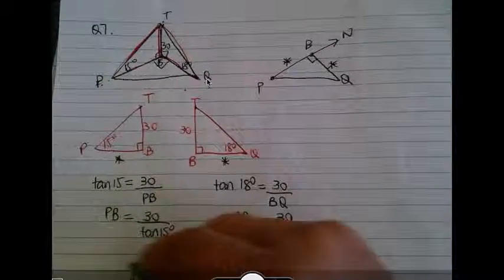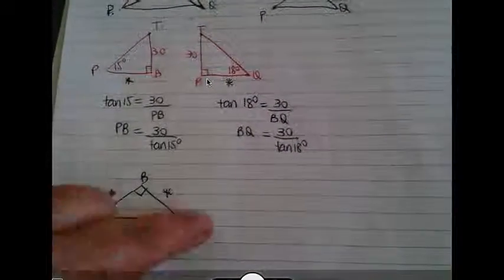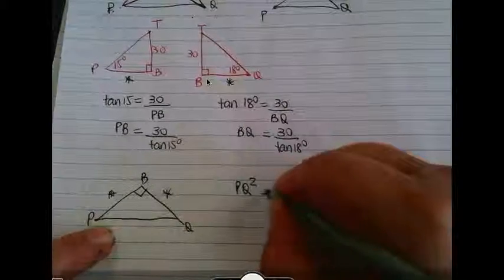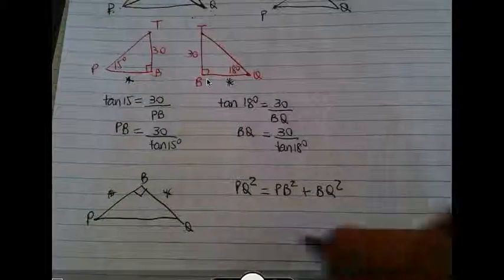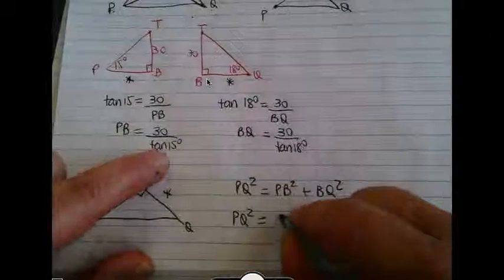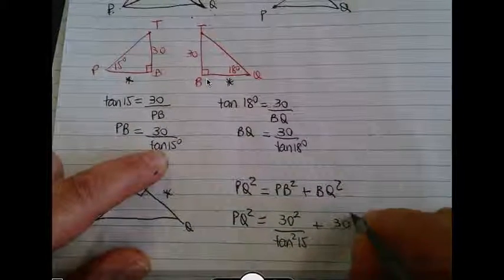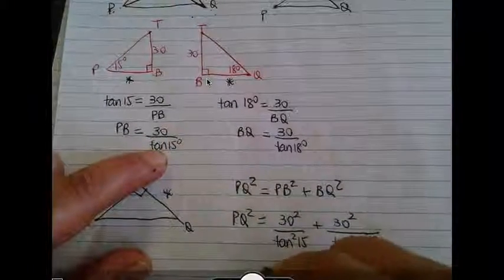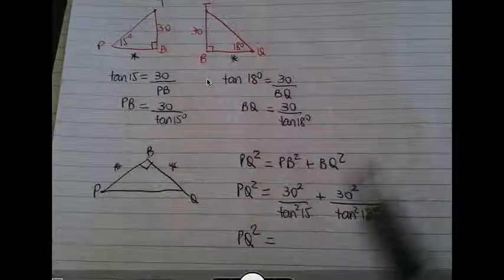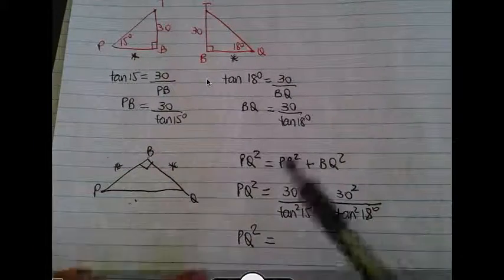PBQ. I know what that is. I know what that is. That's a right angle. So how can I set it up? What squared plus what squared? You want PQ squared is PB squared plus BQ squared. Girls, you've got to square these, and it's pretty easy to enter onto your calculator. Same thing, Pythagoras' theorem.